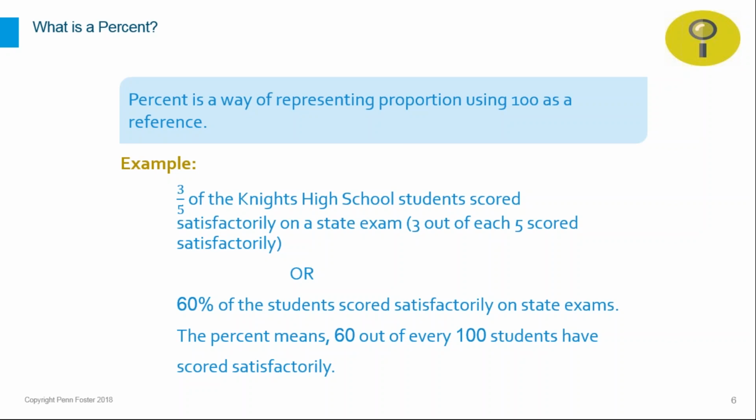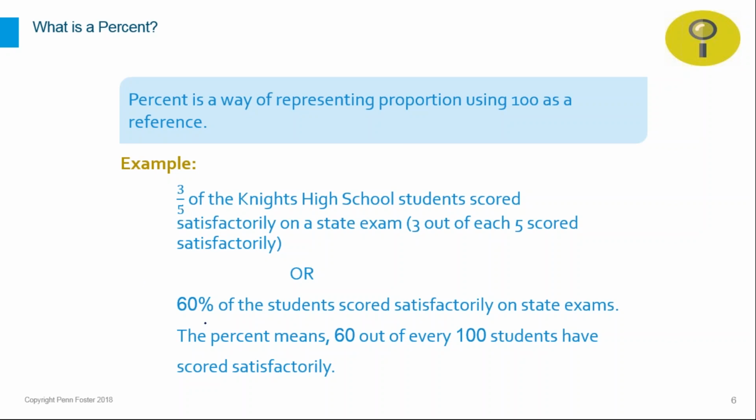I want to give you an idea of what a percent is first before we go into the deep calculations on how to change the forms of a percent. If we are saying that 3/5 of a certain school, let's call it the night school, scored satisfactorily in a state exam, now we're using the fraction 3/5 to compare a part of a whole. That means that 3 students out of every 5 students in that school scored satisfactorily in the state exam. So a fraction is a way to compare a part out of a whole.